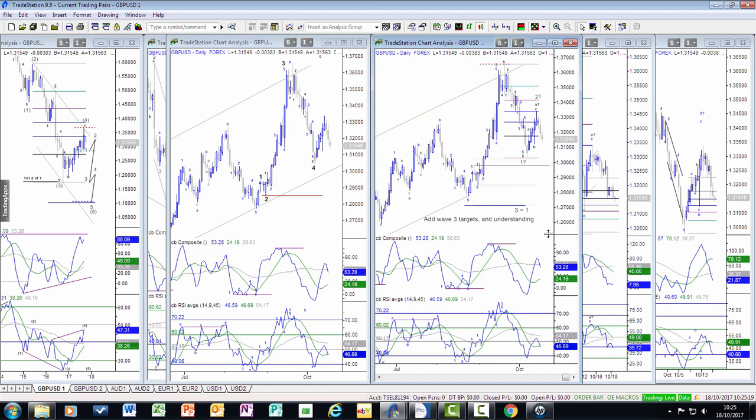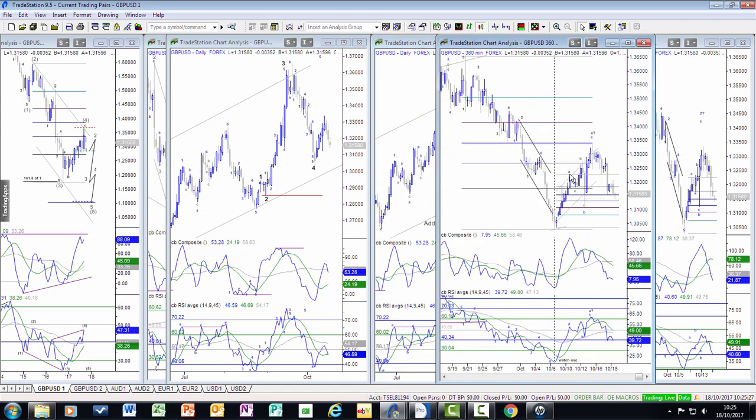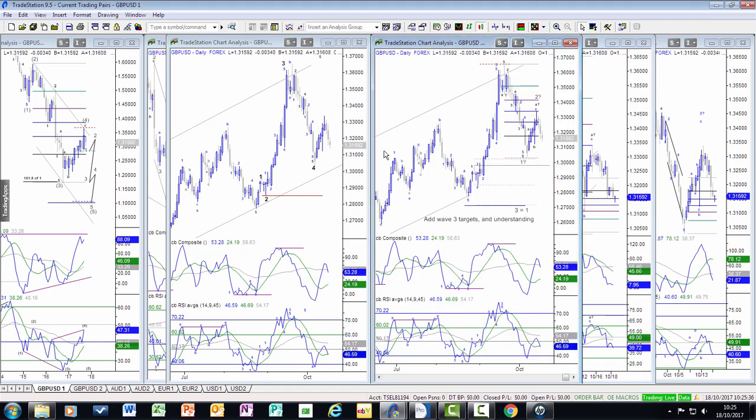That remains to be seen, but from this 5 wave decline, and due to the corrective price action which has taken place with an A, B, C, this count is now, to my mind, more or less void because of this 3 wave advance.